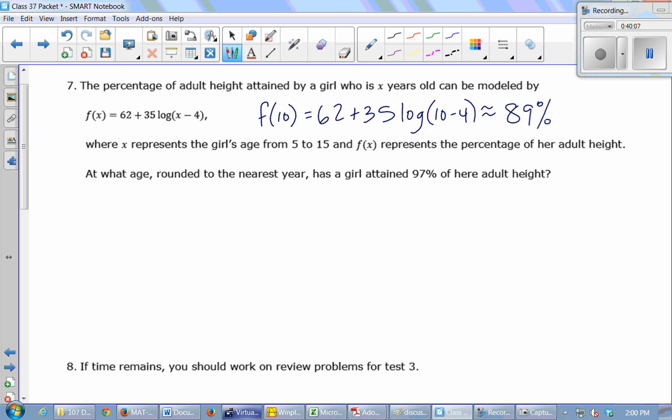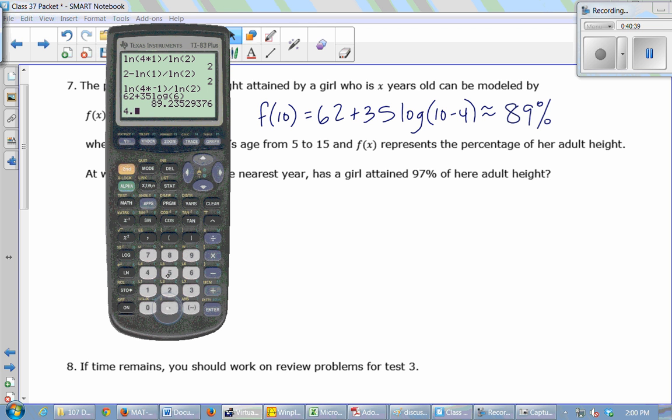Yeah. So this is an equation. If you ever went to the doctor as a kid and they said, oh, you're probably going to be like 5'6", they can give you an estimate of how tall you will eventually be. This is the equation that they're using, right? So if a 10-year-old girl shows up at the doctor's office and she's, I don't know, 4.5 feet tall, we would say, well, 89% of what is 4.5 feet?